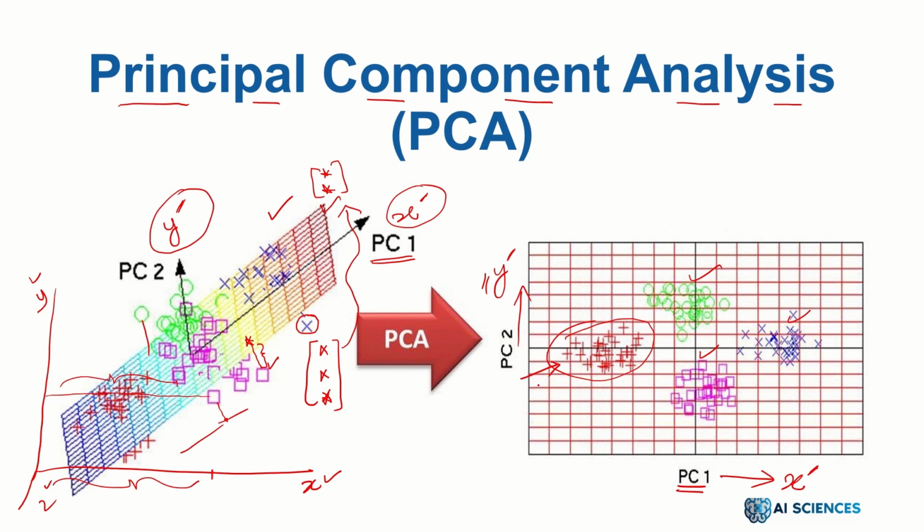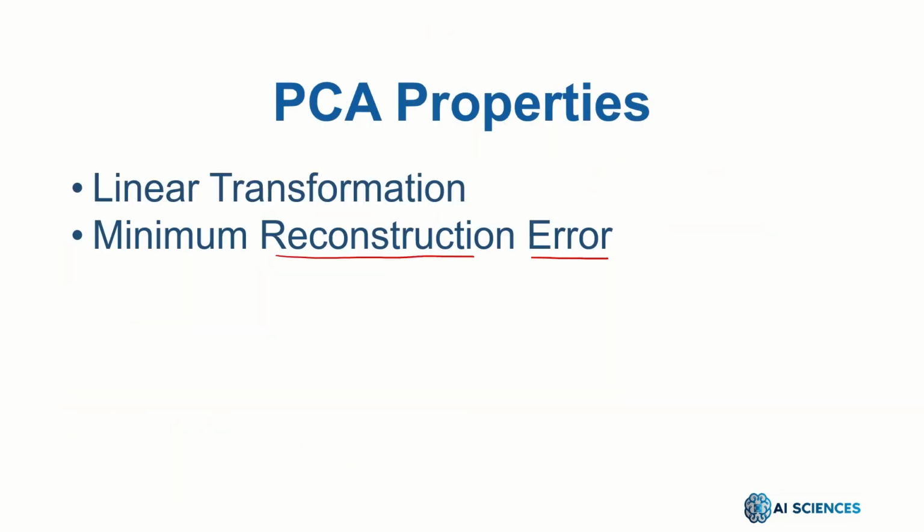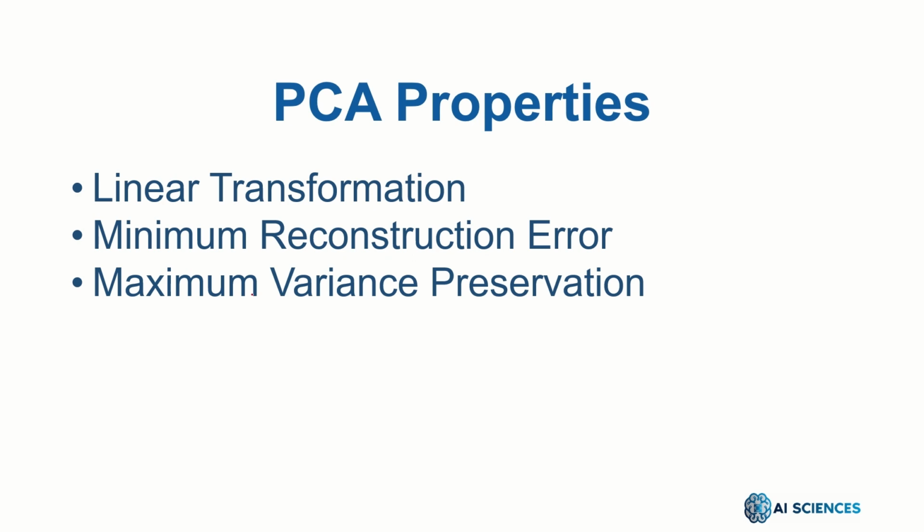There is a way to decompress the data or reconstruct the original features back. Then the reconstruction error, the Euclidean error between the reconstructed data and the original data, is the minimum. So under linear transformation, PCA gives a subspace that minimizes the reconstruction error. Also, under linear transformation, PCA gives a subspace that maximizes the variance of the projection.